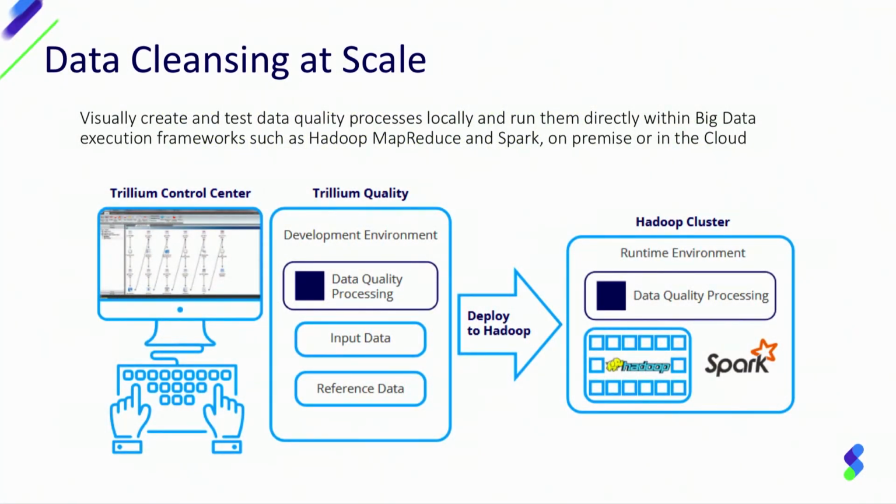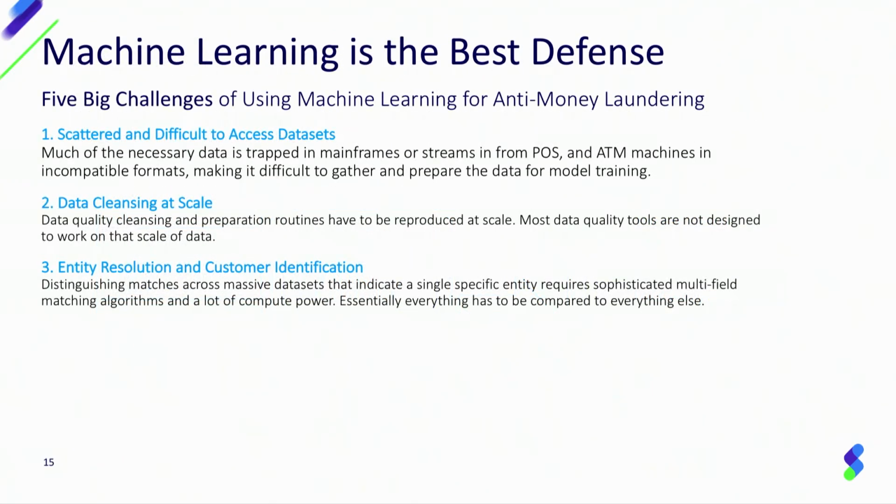And we used the data quality for big data solution, which allows the data engineers to create the flows for quality, pointing to the sources, and deploy that in the distributed compute environment and take advantage of the cluster.